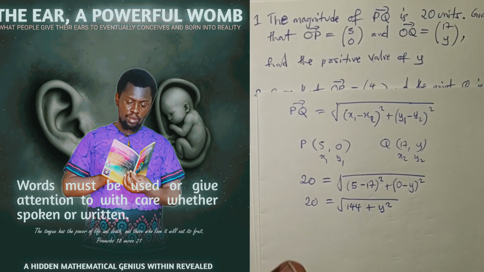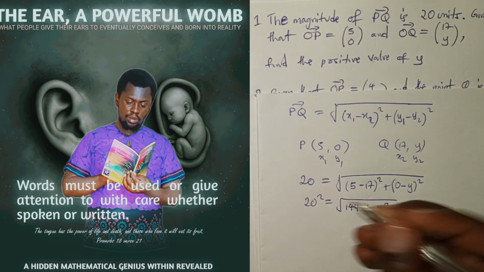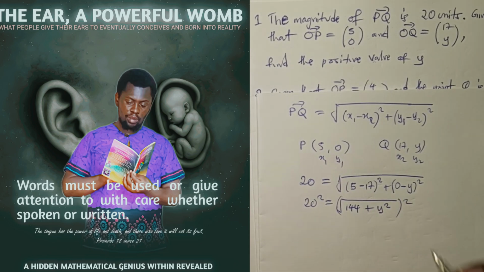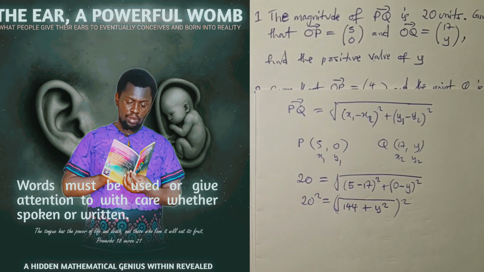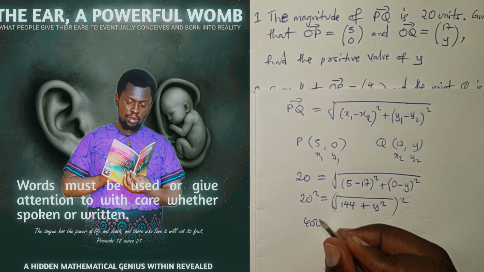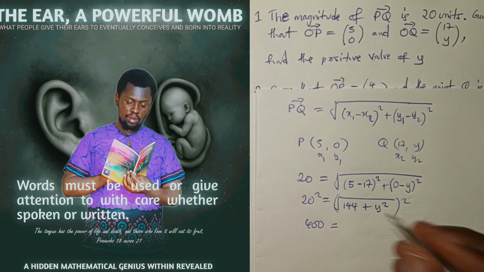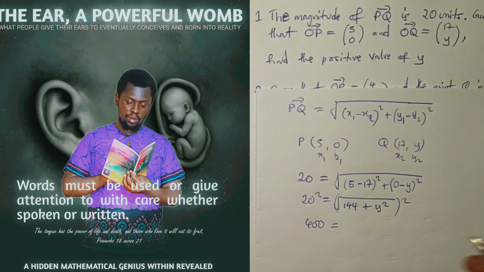Now, I want to solve for y. So first thing, we need to get rid of the square root here. And we know that the opposite for square root is just squared. So we need to square both sides. So 20 squared, you get 400, is equal to the square root and squared will cancel out.